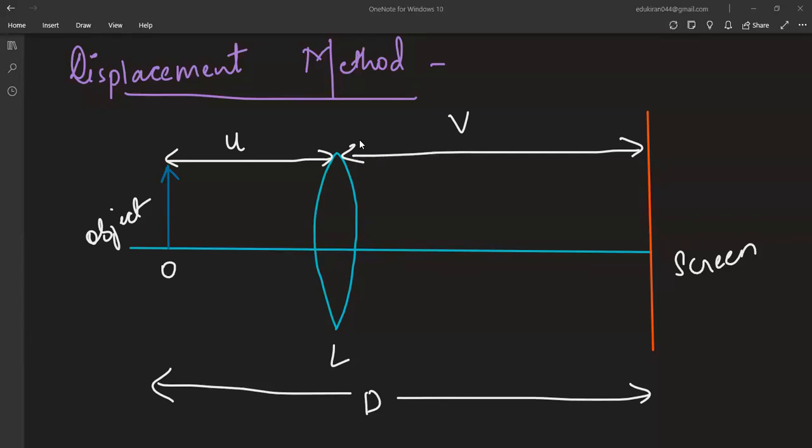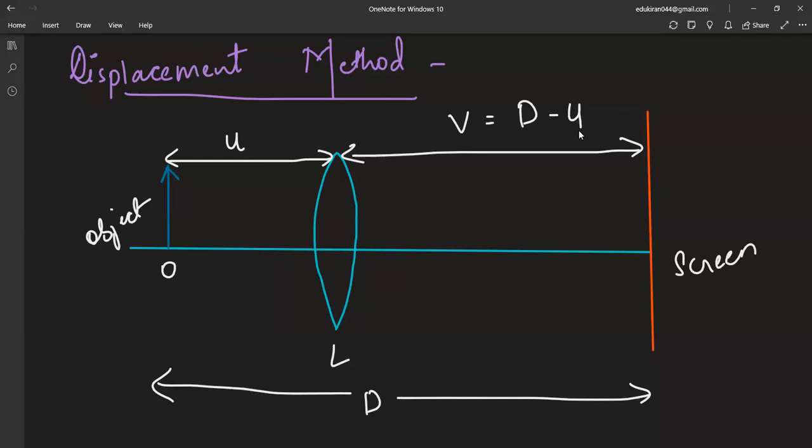How will you write it? Total is D. If you subtract u, you will get v. v is equal to D minus u. Very good, Shahid. So v will be equal to capital D minus u.